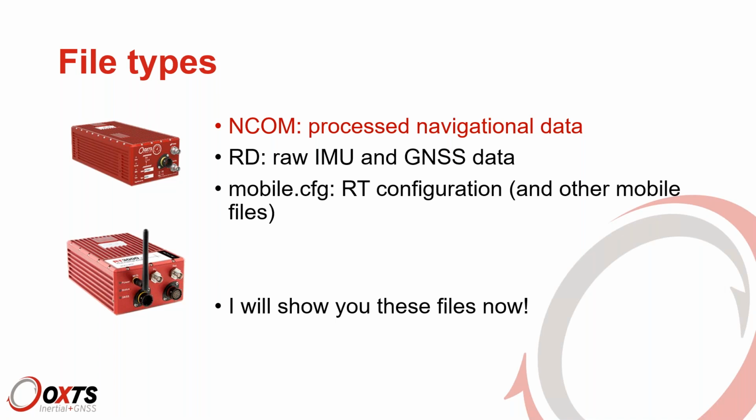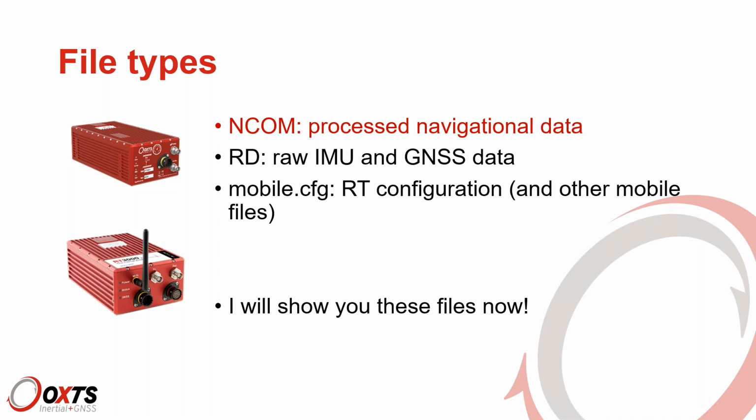The RT is a combined GNSS and INS device. So it takes measurements from satellites and from the IMU and combines these together using a Kalman filter.